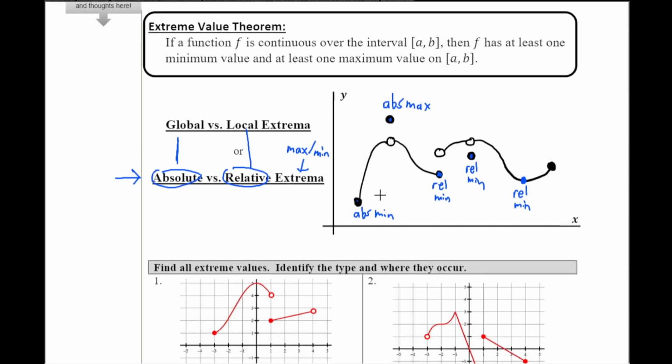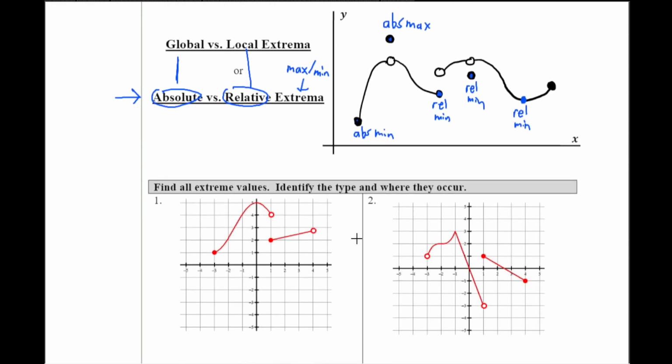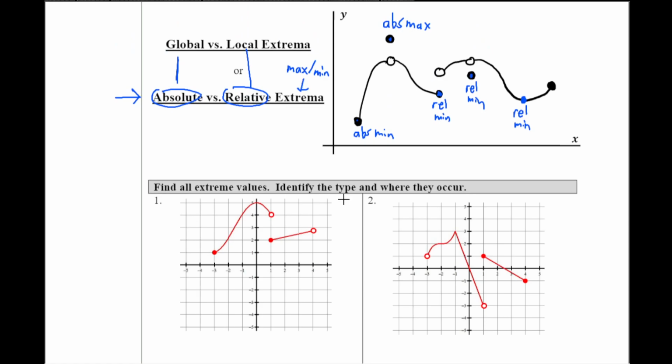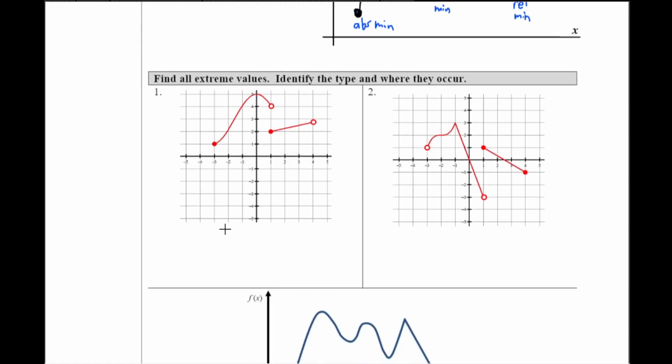So again, we're going to do some practice. Find all extreme values, identify the type and where they occur. Find all extreme values, the value of the point, and where they occur. I always like to start off with the absolute max or min.